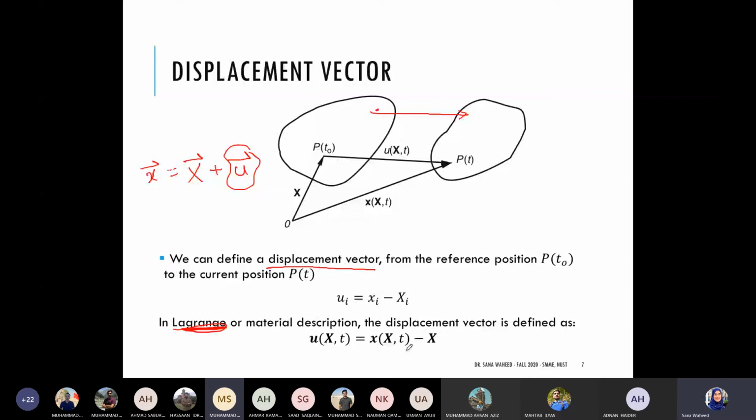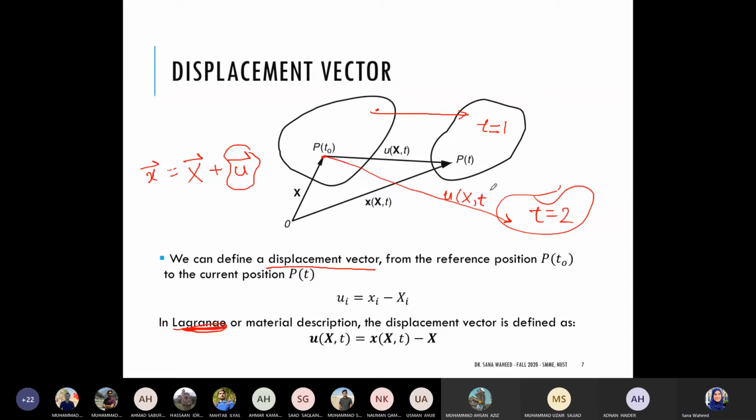Ma'am, in the last equation, wouldn't it be t naught instead of t? Not quite, because imagine this is p of t, at t is equal to 1 this is its position. Instead, if I want to reach t is equal to 2, then of course its u becomes something else. That's why this is just a t.